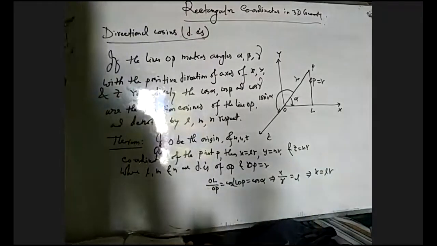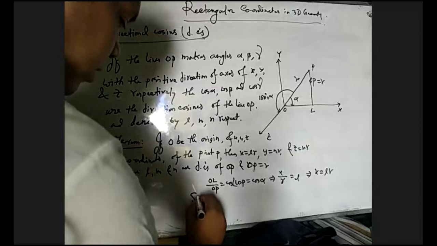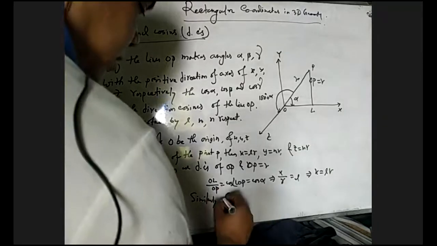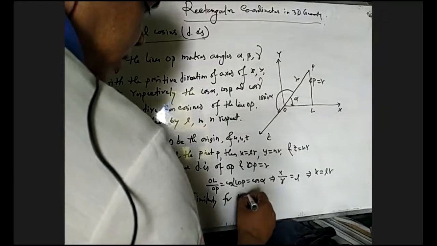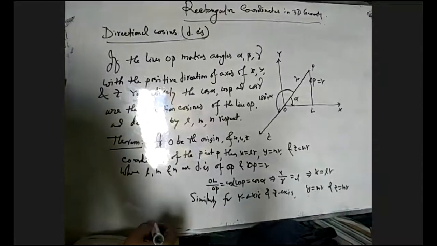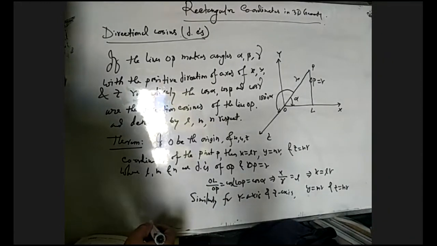Similarly, we can find for the y-axis and z-axis: y equals mr, and z equals nr. That means these ratios are equal.